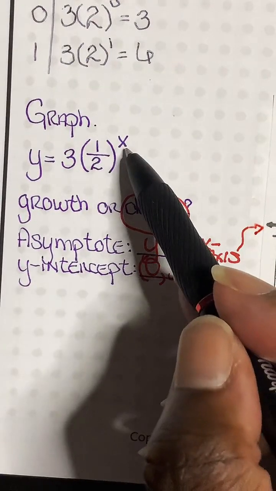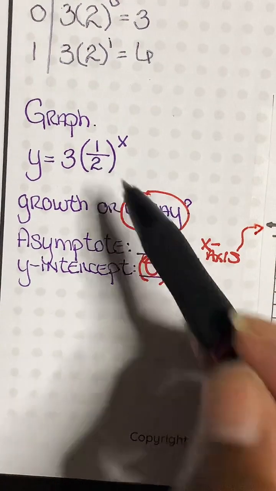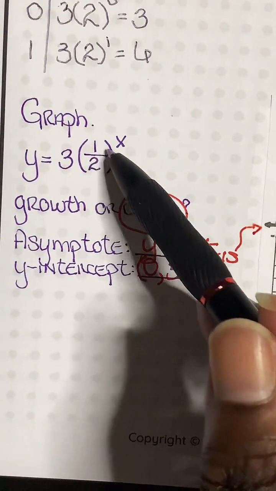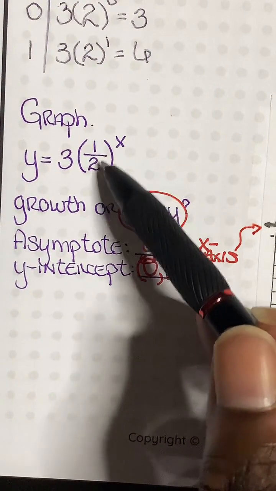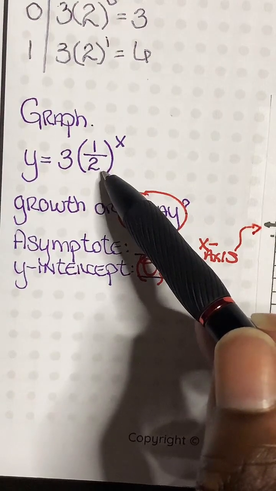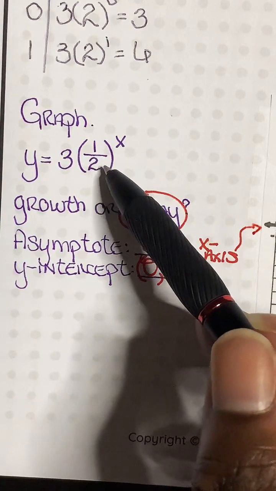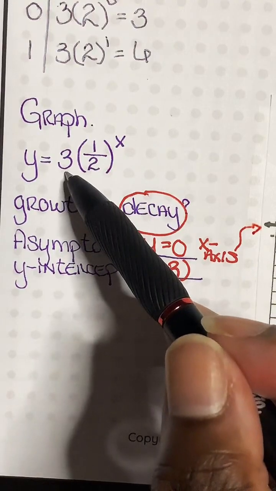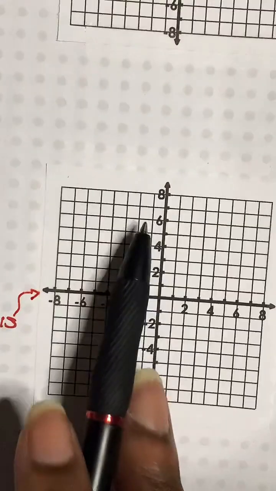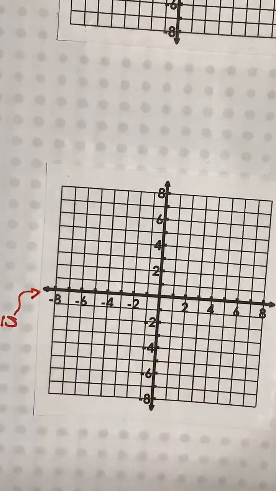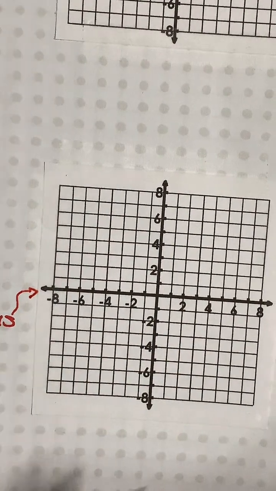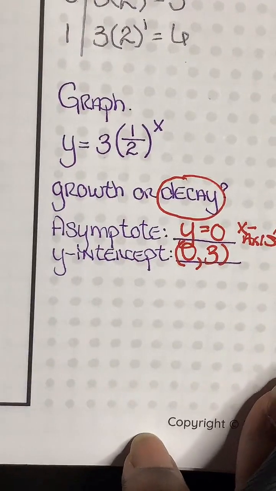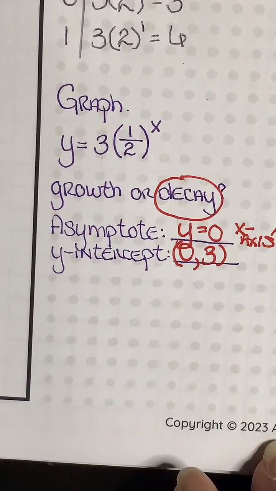Because if I did -2, that means the 1 and the 2, they're going to flip. So that will give me 2 over 1. Okay, 2 over 1 is just 2. But then I would have to square 2. So 2 squared gives me 4. 4 times 3, that gives me 12. That's way too big off of this graph. Okay, once you get those pre-made grids, you're going to have to take a look to see, will it fit?